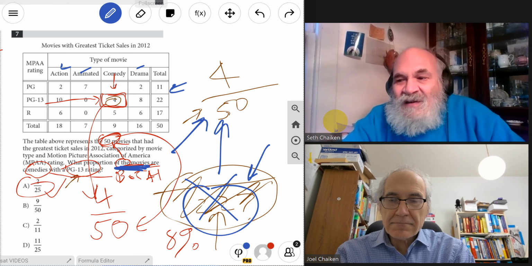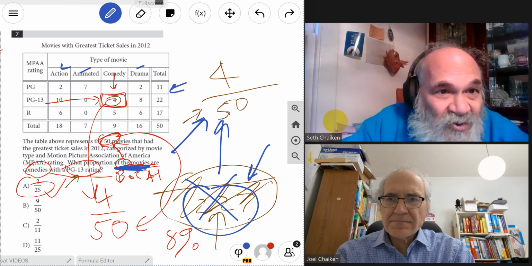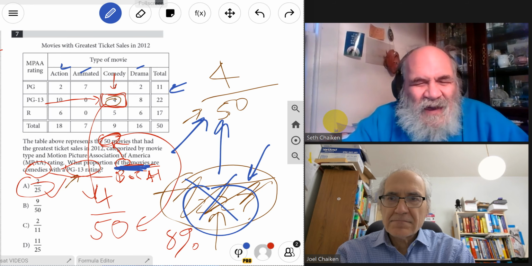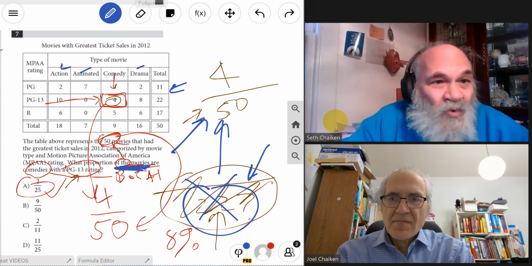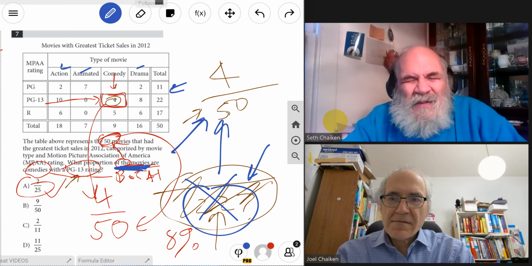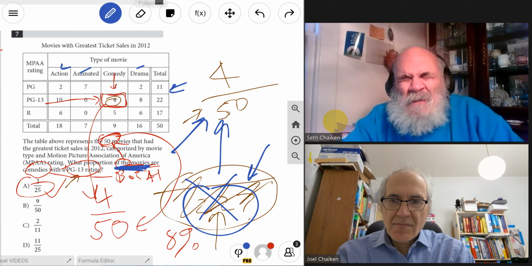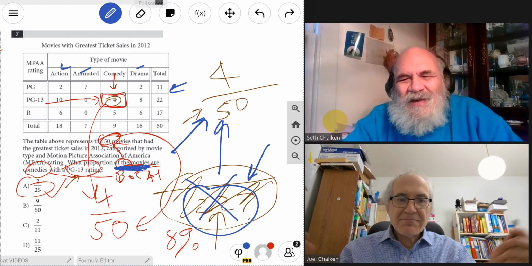So each movie belongs to one category of type, and at the same time, it belongs to one category of rating. Rather than this fancy language, it's important to read tables and understand what the table means.